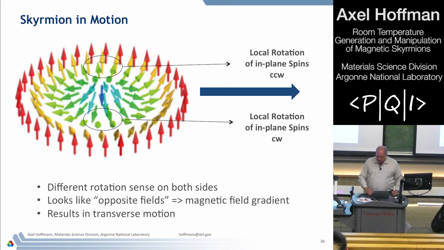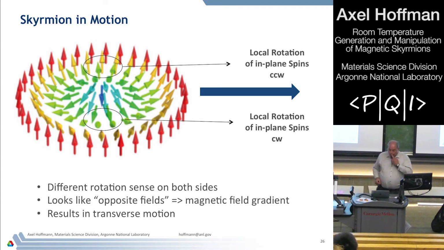And when you do this, interestingly, on one side of the skyrmion, the moments rotate counterclockwise. On this upside, if I move the skyrmion to the right, locally in the plane, the moments have to rotate counterclockwise. On the other side, they rotate clockwise, in order to facilitate this motion.